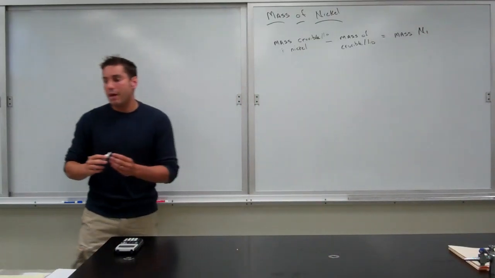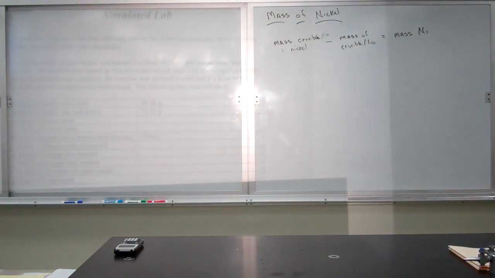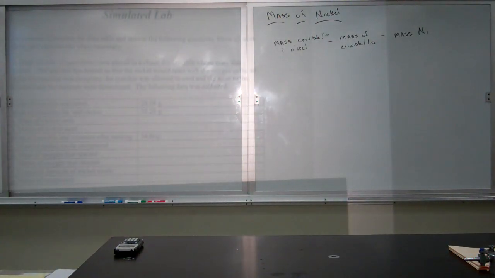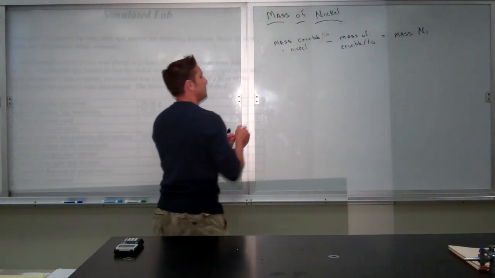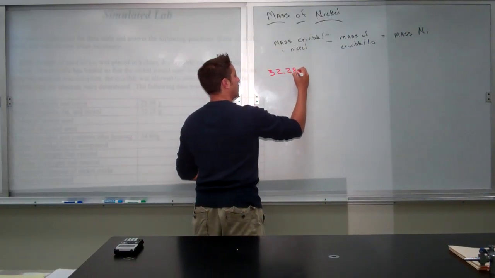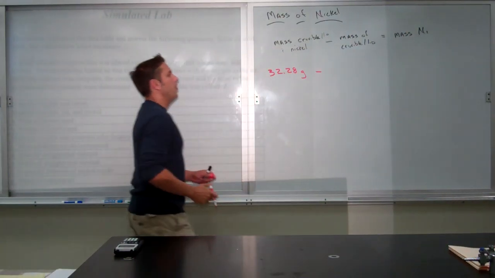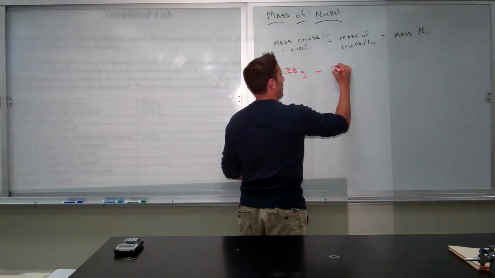If we bring our numbers back up to see what those were, you'll see that the crucible, the lid, and the nickel was 32.28 grams. The crucible and the lid all alone was 28.08 grams.